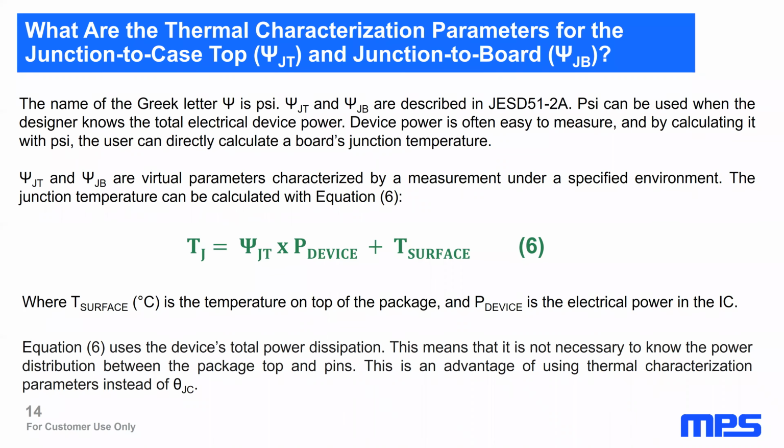The advantage of the Psi parameter is that the power in the device you can measure with the oscilloscope and current probe. You multiply current and voltage on the scope, then you have the power. You add the surface temperature, the ambient temperature, and you multiply by the Psi parameter, and this will lead exactly to the T junction, very close.